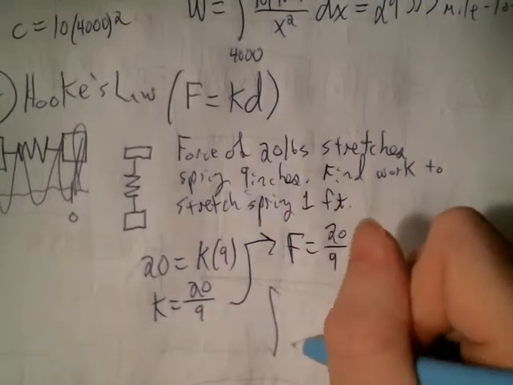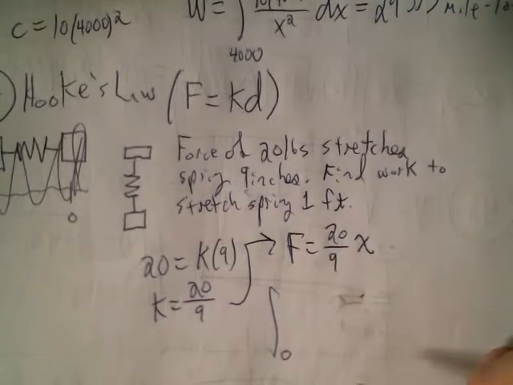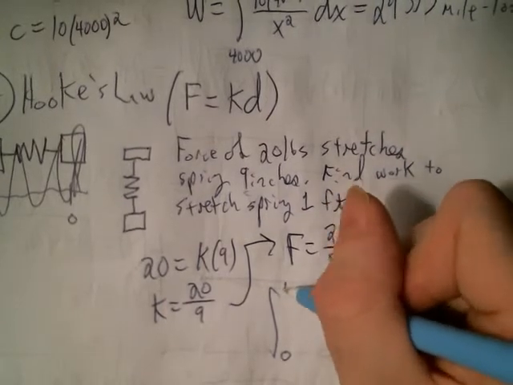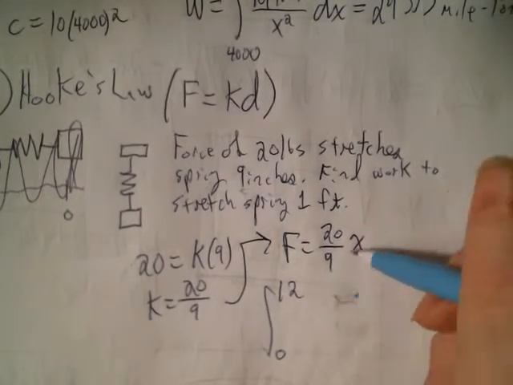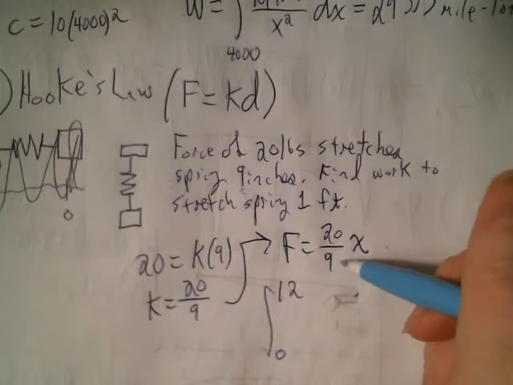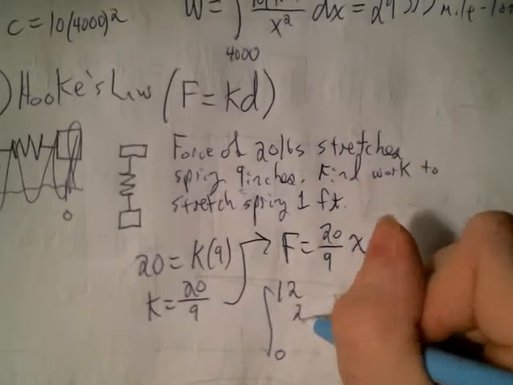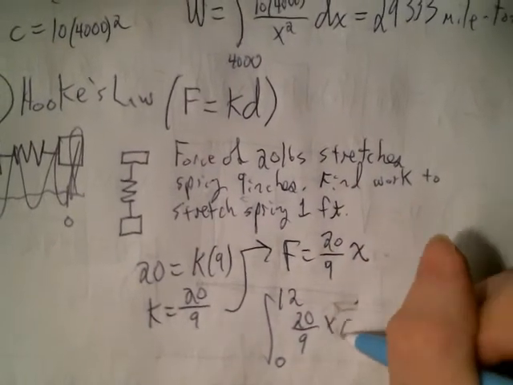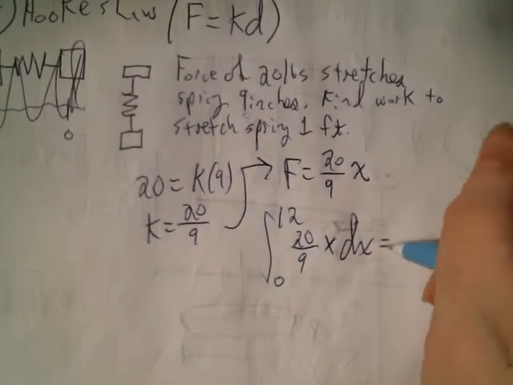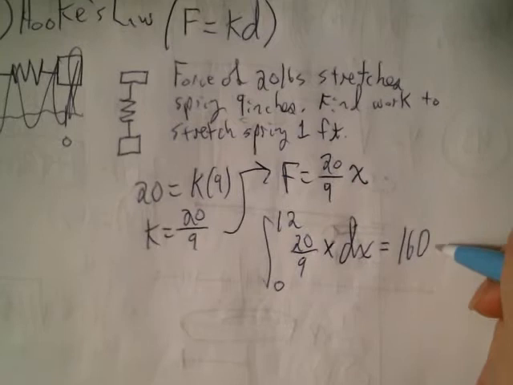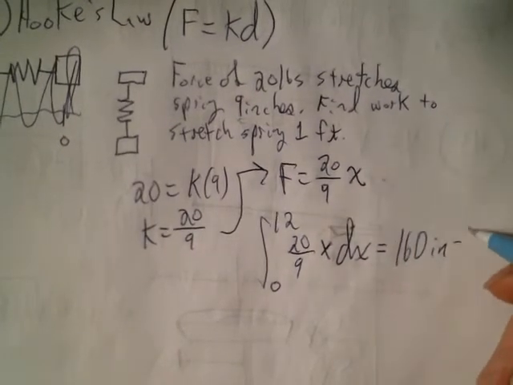So we're going from some equilibrium position to 1 foot, so 12 inches. So you have to make sure you're consistent with your units. If the force function is in terms of feet, you want your integral to be in terms of feet as well. So anyways, we got 20/9 x dx. And then you just integrate that thing. You should get 160, and our units are inches and pounds, so inch-pounds.